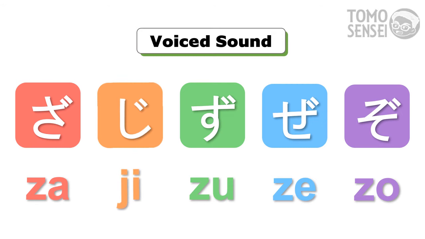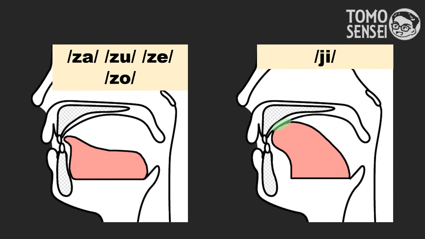ざ、じ、ず、ぜ、ぞ。Repeat after me. ざ、じ、ず、ぜ、ぞ。While listening and repeating, you might notice that the za, zu, ze, zo are pronounced at the front part of the gum close to your teeth.